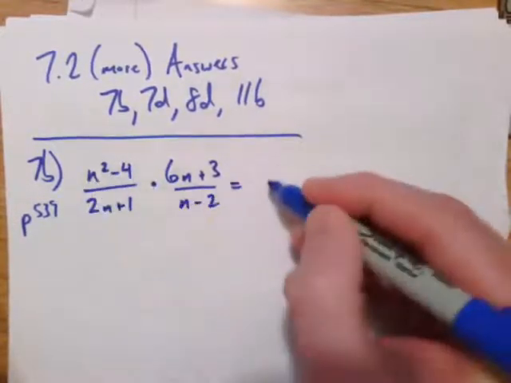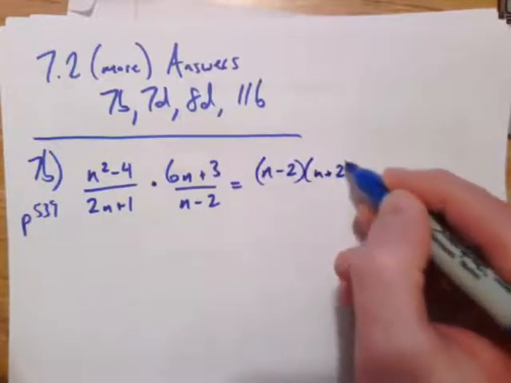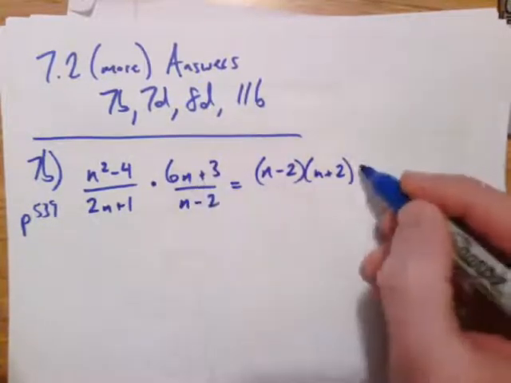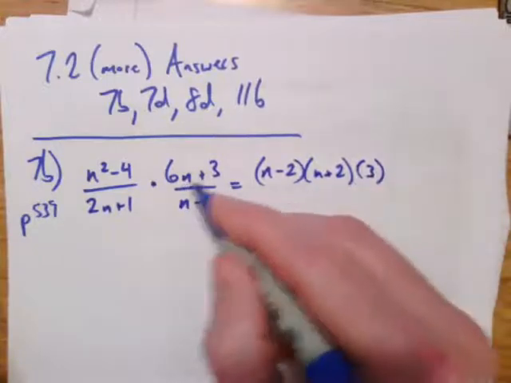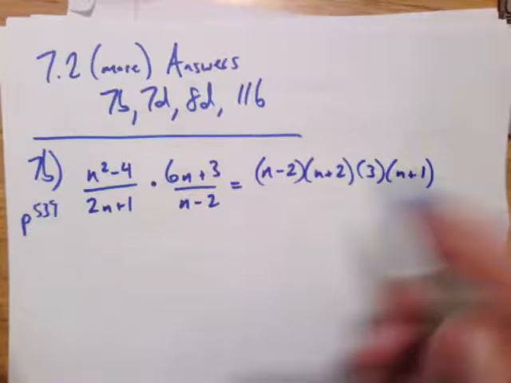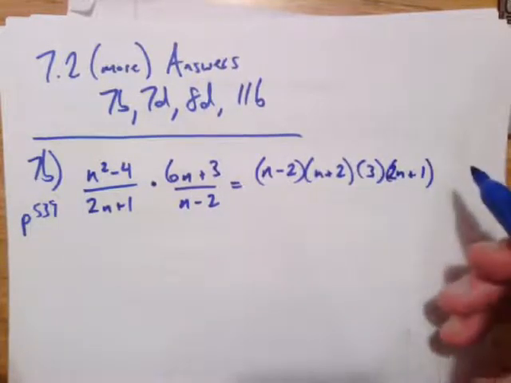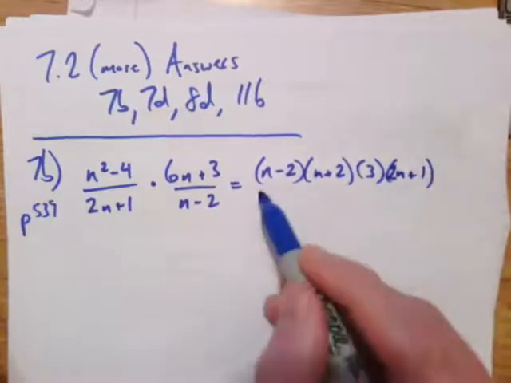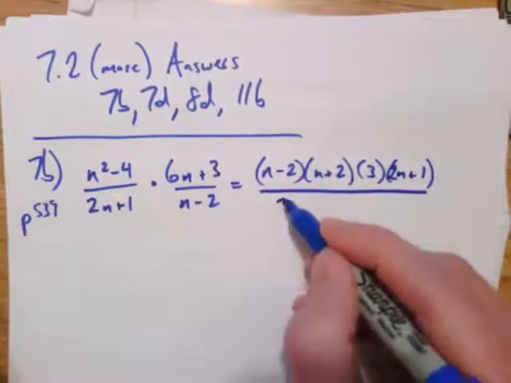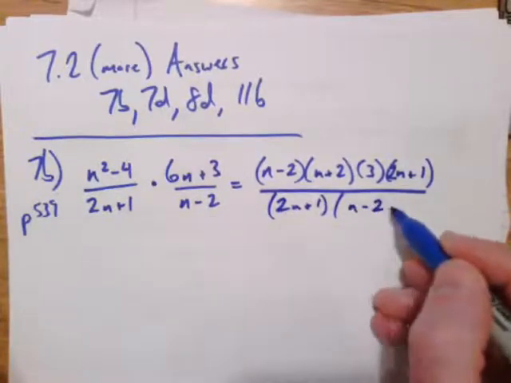This is a difference of squares, so that's n minus 2, n plus 2, and then we're going to factor 3 out of this, so it'll be 2n plus 1, sorry. 2n plus 1, and then n minus 2, nothing to factor there.